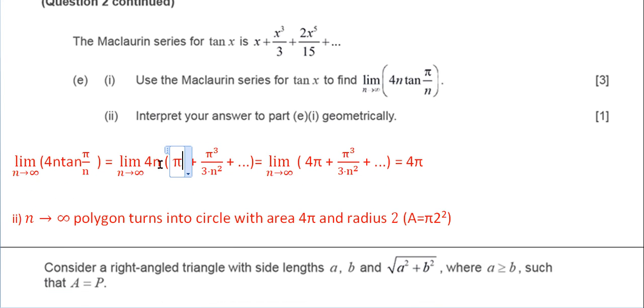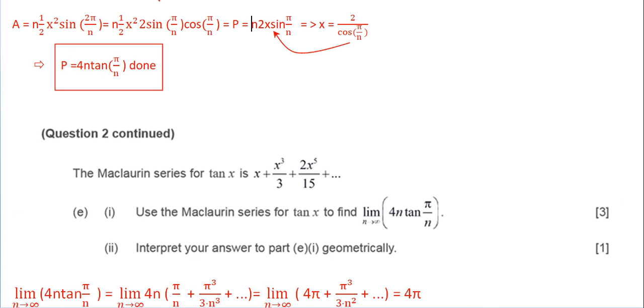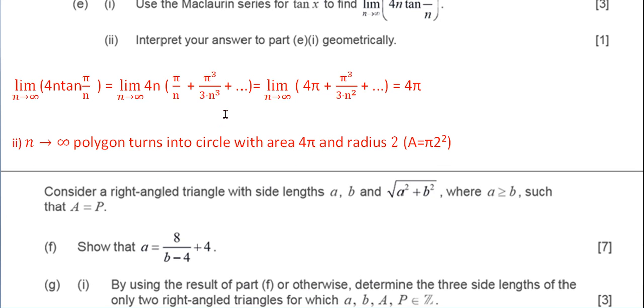Because n was taken out, so we take the limit of this expression and we get 4π, because n and n simplify.